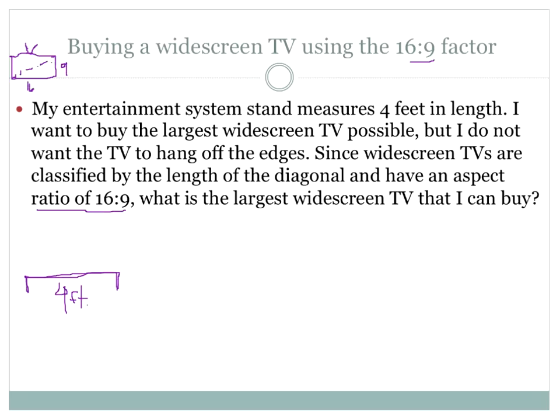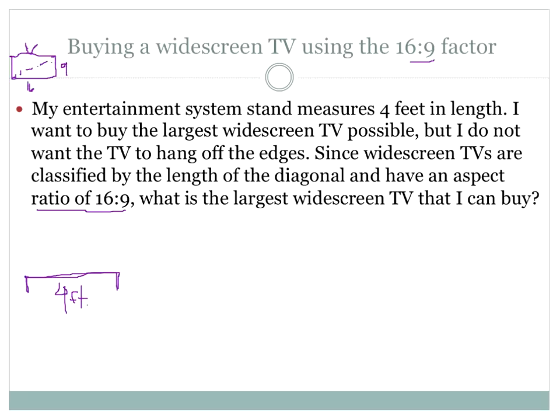Not yet an answer, just what steps you need to take. Okay, any ideas here?